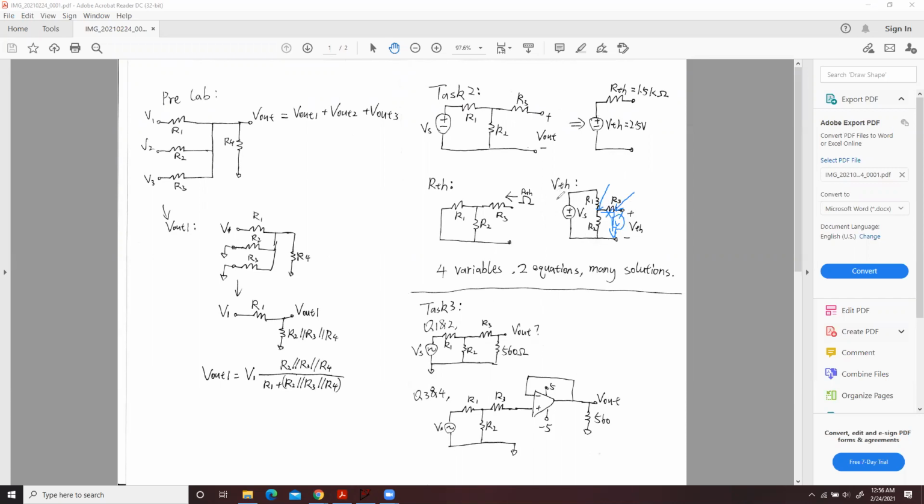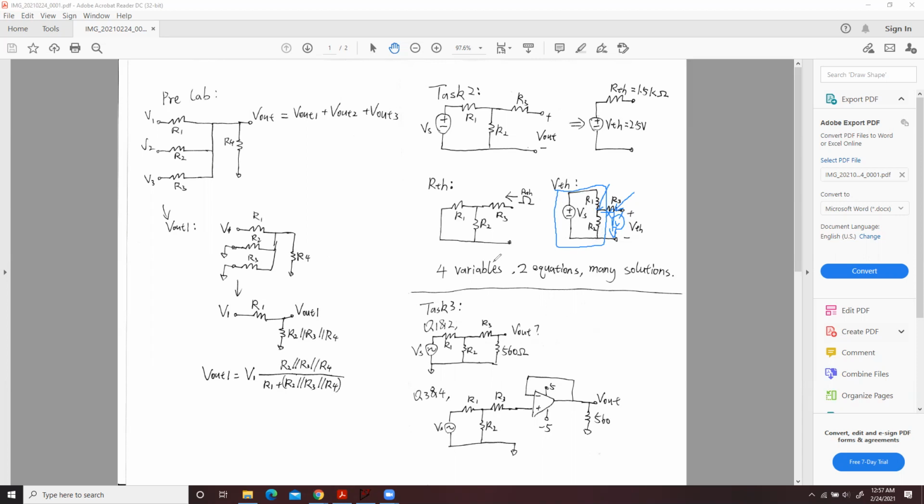So then you can analyze this circuit without R3, which you should be familiar with. This is just a voltage division circuit. Okay, and you make sure the voltage at here should be 2.5 volts, with whatever value you give for Vs, R1 or R2.